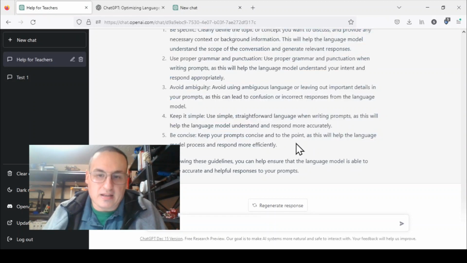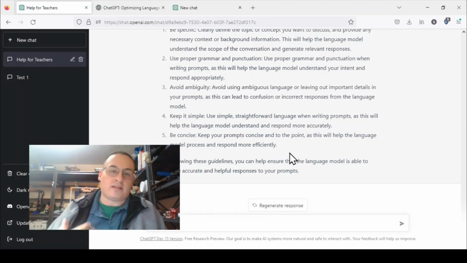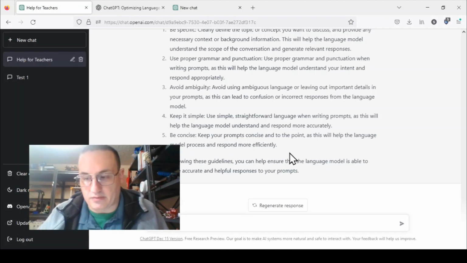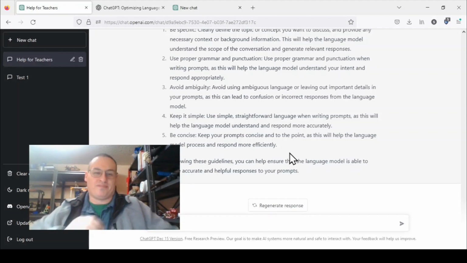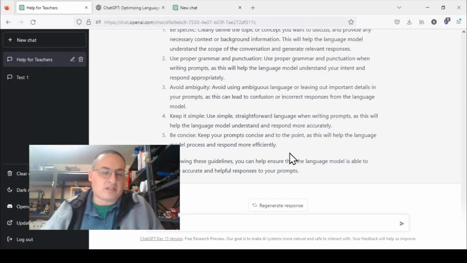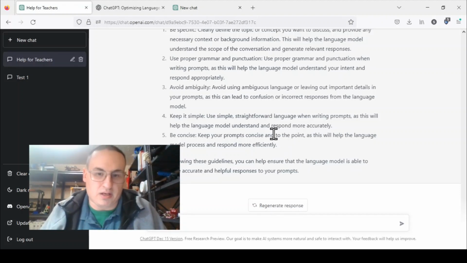This by far is probably one of the bigger things, if your students like to use run-on sentences or rant and rave, or try and do something like a Reddit response or anything like that, that's going to cause a lot of ambiguity and issues with the AI.